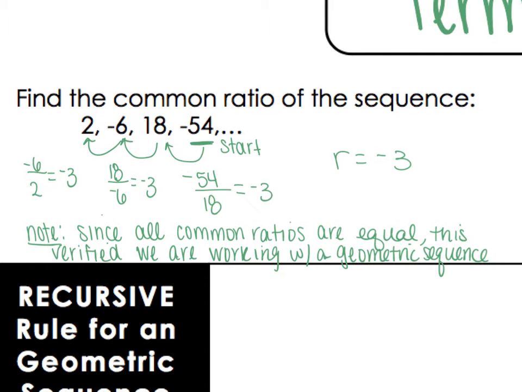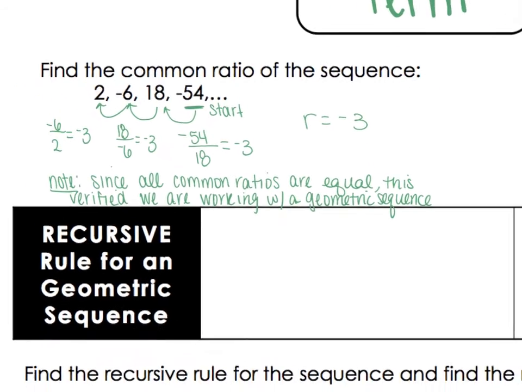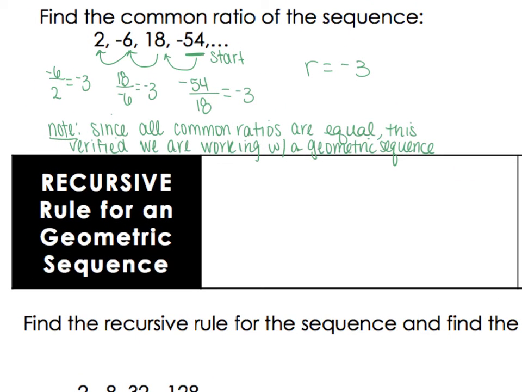One of the reasons that we need to find r is to be able to use it to write a rule. So again, we need to remember what we were talking about last week. I'm just going to do a little side note over here. We do need to remember the difference between recursive and explicit.